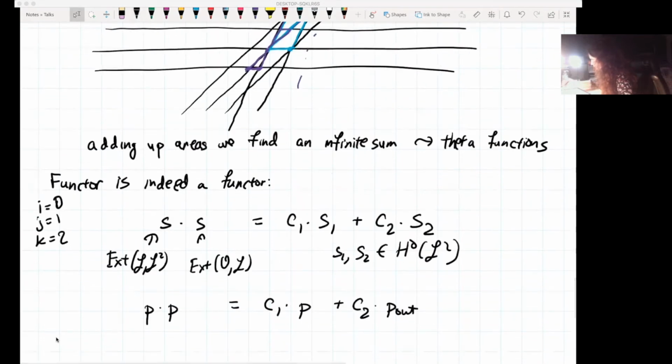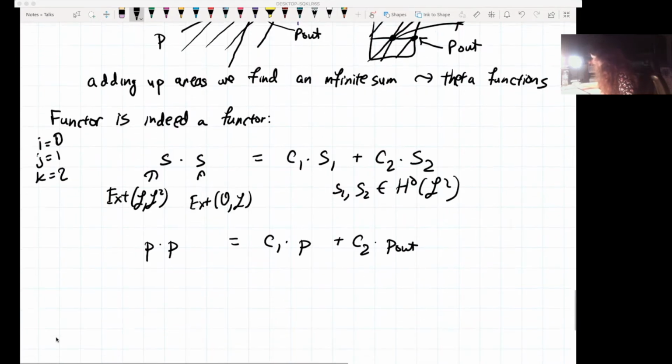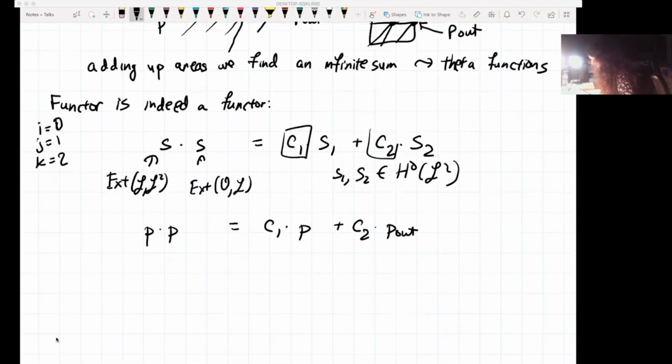So P is the lattice point. These are lists of P, and this is B, and out. The same code.